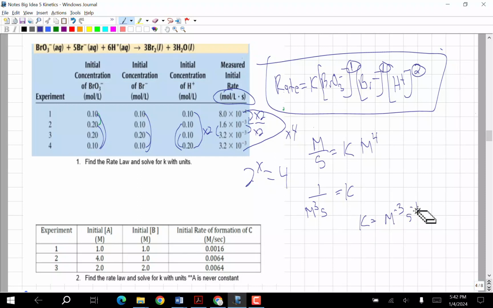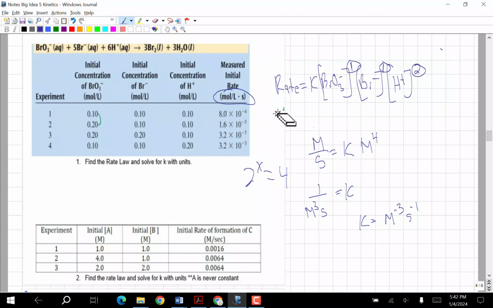Now I have to solve for K. I'm going to use my first equation, just so I don't mess it up. I have the rate, and I'm going to write it right underneath. My rate is 8e-4 equals K, which is what I'm solving for, times Br negative, 0.1 to the 1, 0.1 to the 1, 0.1 to the 2.